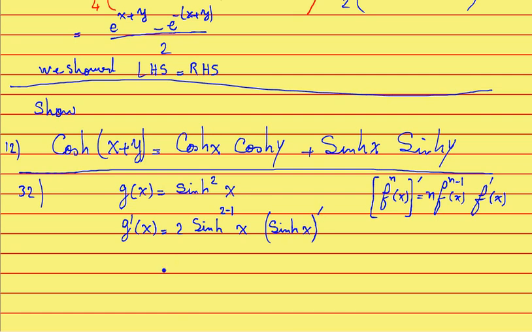To simplify, this becomes 2 sine hyperbolic of x, and derivative of sine, remember, is just cosine of x. Some further identity applies here if you want to take it further, but I'm going to stop at that level.